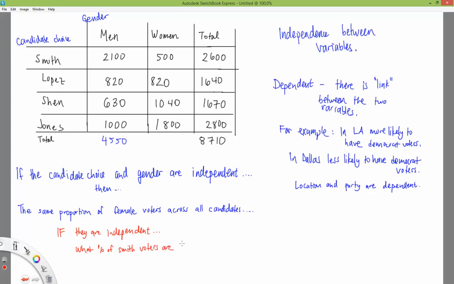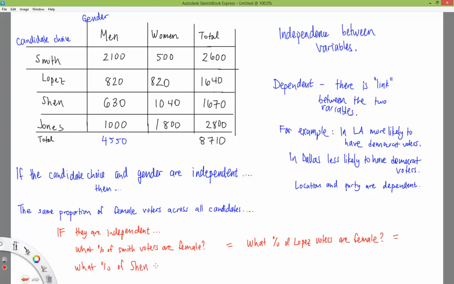This should be equal to what percent of Lopez voters are female, and that should be the same as what percent of Shen voters are female.